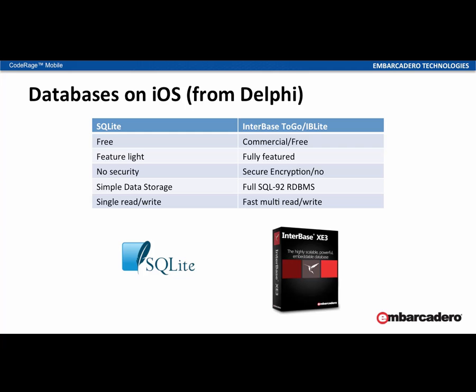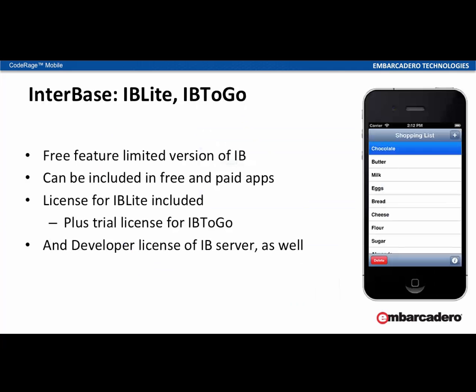Both have full support for SQL, rich metadata, very powerful database features, fast data access, and really have the entire power of Interbase available within a mobile device. In terms of differences between the two, again, it's mostly driven through a licensing.